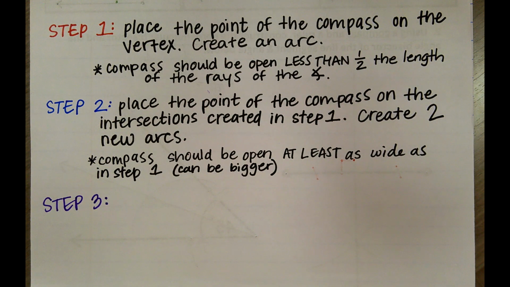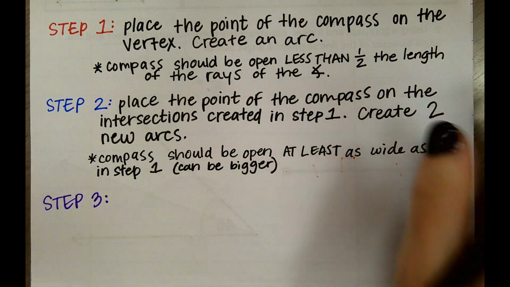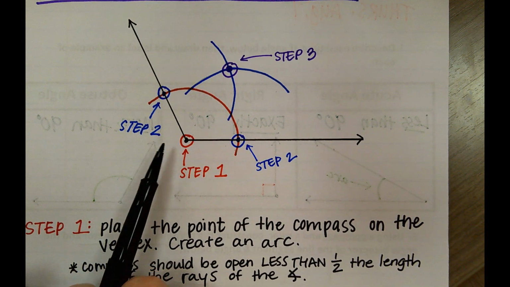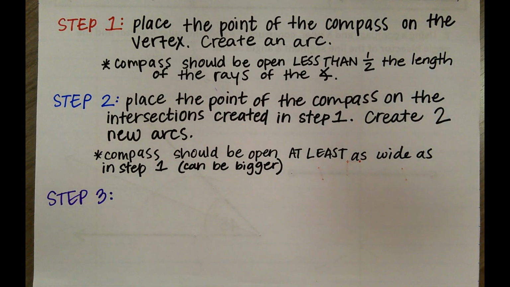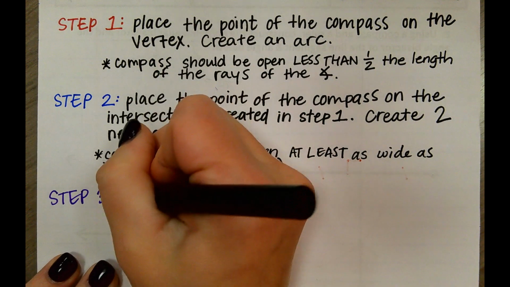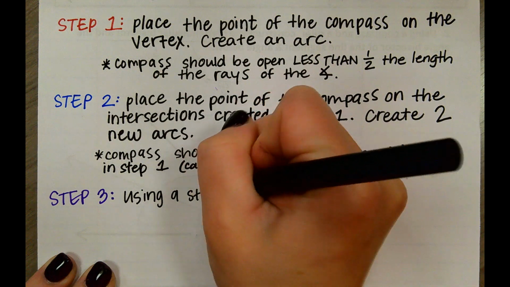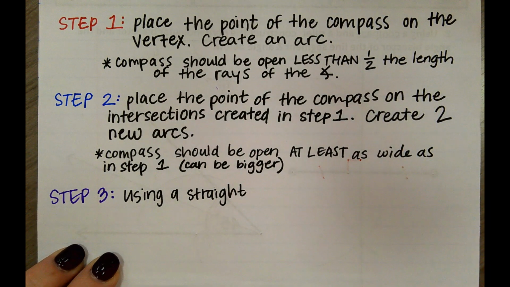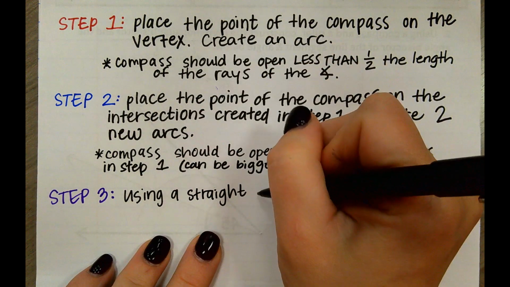So for step 3, we are now going to connect the vertex from step 1 to the intersection we created in step 2. So let me write that. Using a straight edge. And I know it might be tempting to just freehand draw it, but in geometry you've got to be as precise as possible.